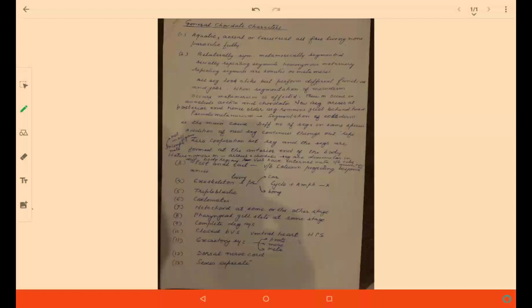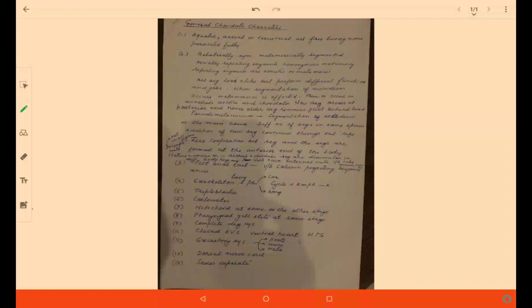Today, I'll be speaking on the general characters of the chordates. In the previous lecture, we had seen the fundamental chordate characters, which were three. Let me revise them for you. First is presence of dorsal hollow tubular nerve cord, and it has a cavity, as I told you.